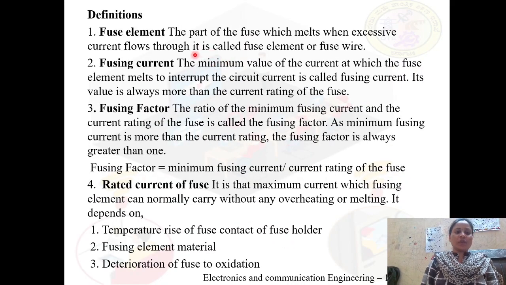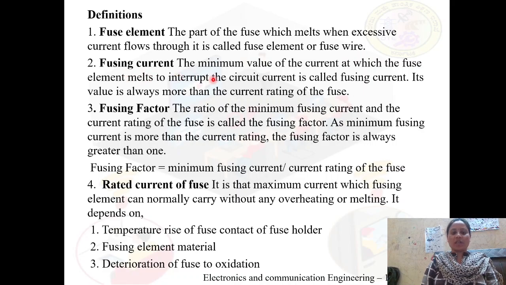Let us discuss a few important definitions related to the fuse, different parameters. First one is fuse element. The part of the fuse which melts when the excess current flows through it, we call it fuse element or fuse wire.